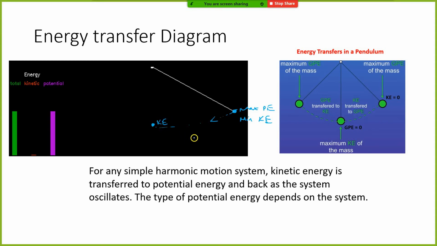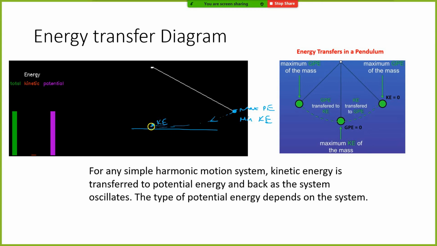It's almost like swinging a ball on a string close to the floor. At this position, it's closer to the ground, so it has less height, which means it has more kinetic energy.